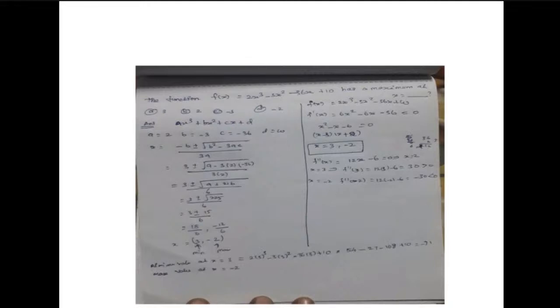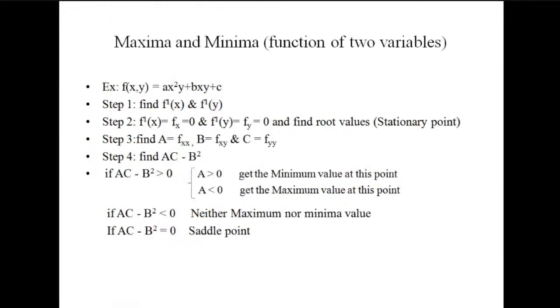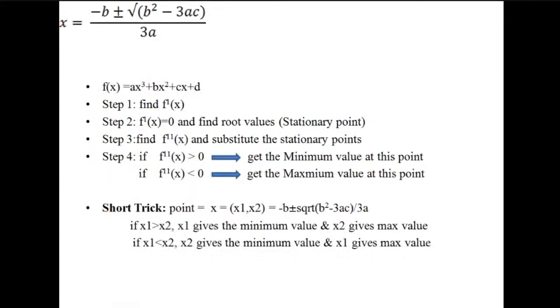Sir, here I am telling the short trick. In the normal procedure, we first find f dash of x, then find the root values, then find f double dash of x, the second derivative.